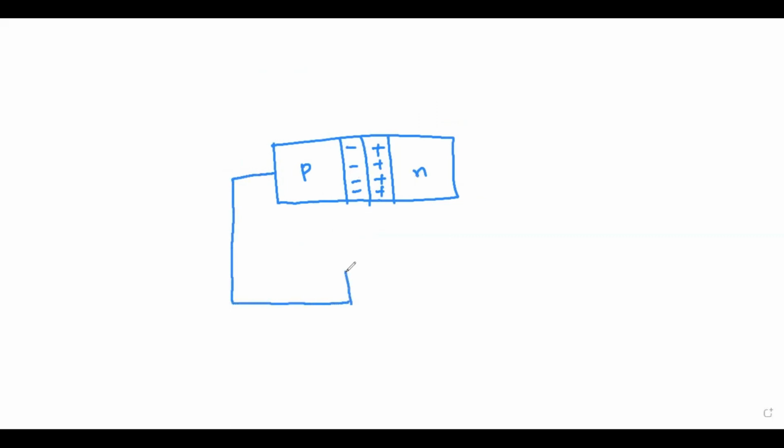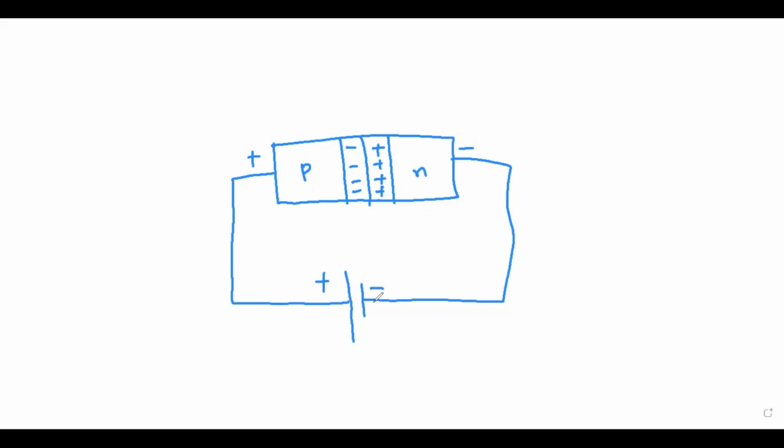If we connect an external DC supply, connecting the positive of the DC to the positive terminal or anode and the negative of the supply to the negative terminal, then the diode is biased.